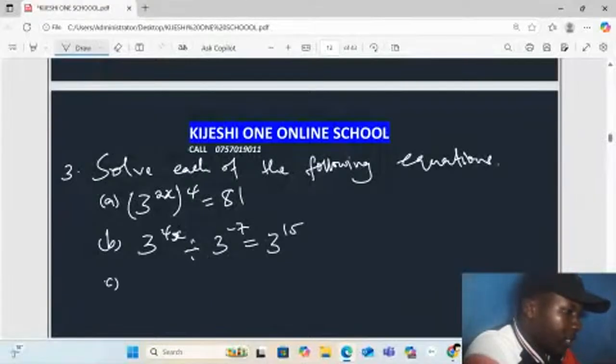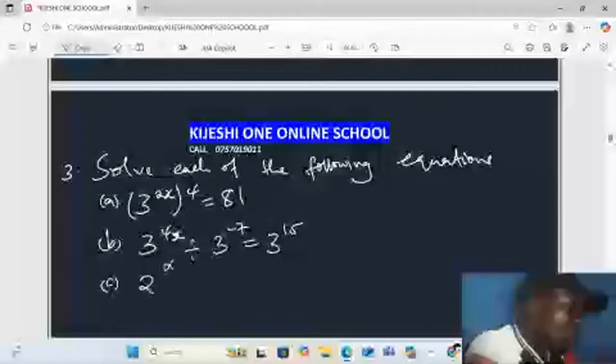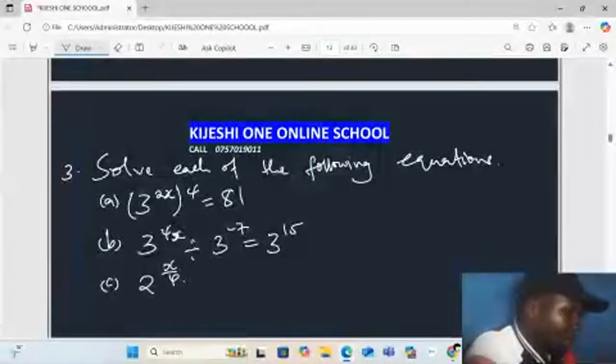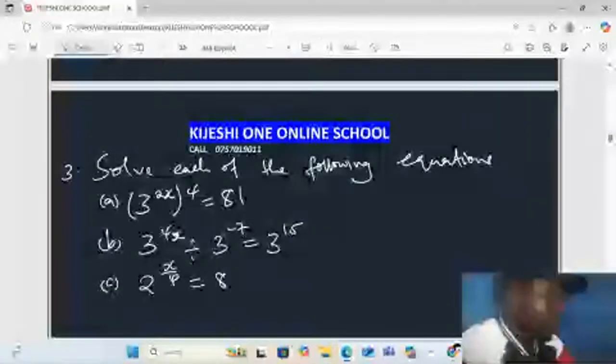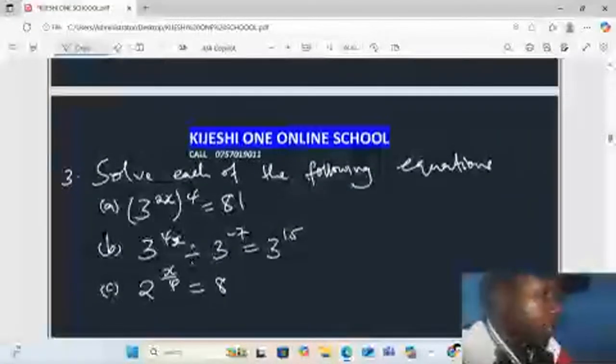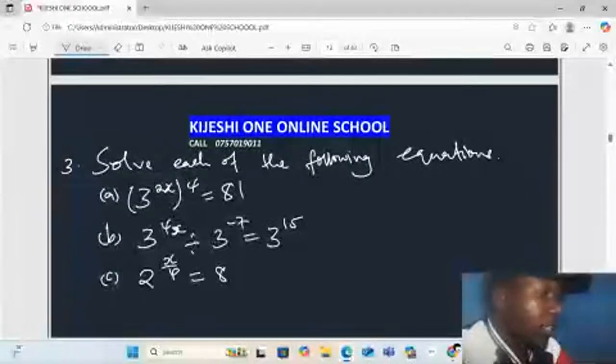Then the last one, 2 raised to x over 4 is equal to 8. That is good. So you can solve those exercises in your own free time.